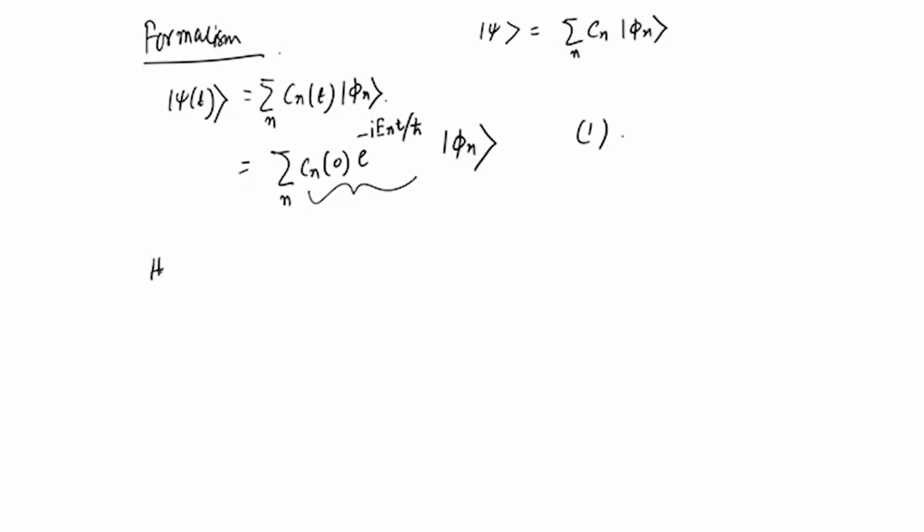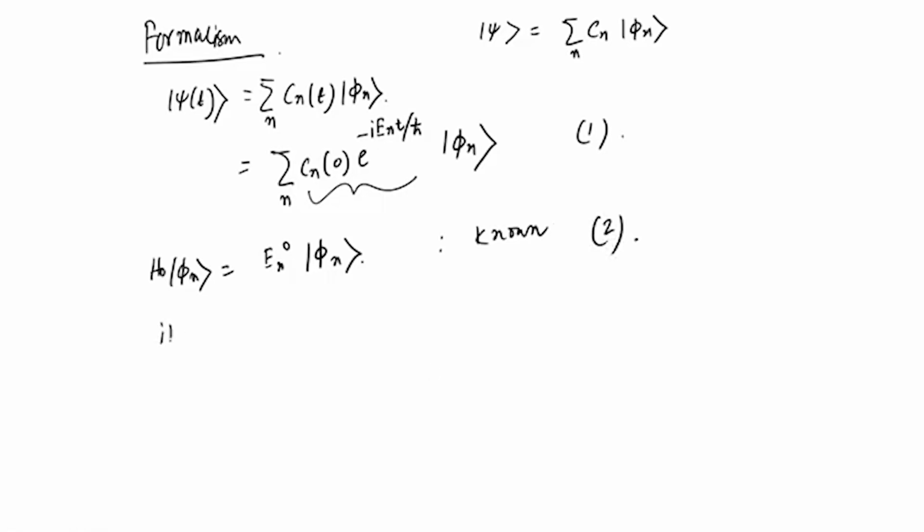So, we know that this problem is known, that is H 0 phi n equals E n 0 phi n, that is the unperturbed problem. Let us call this known problem equation 2.